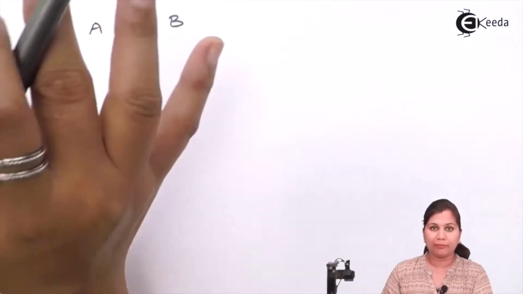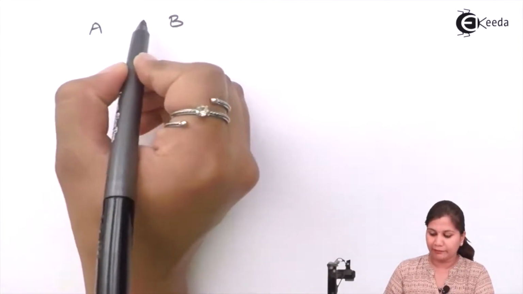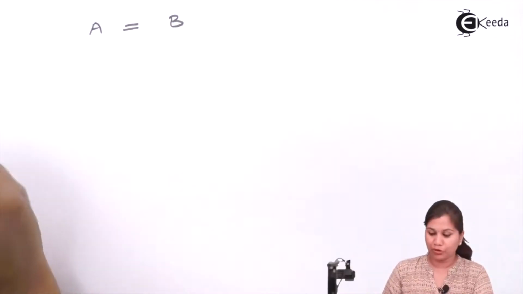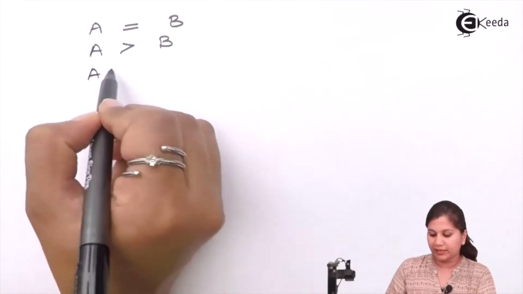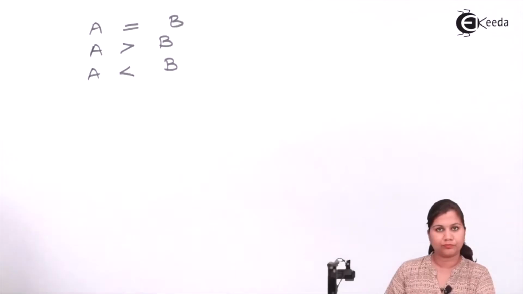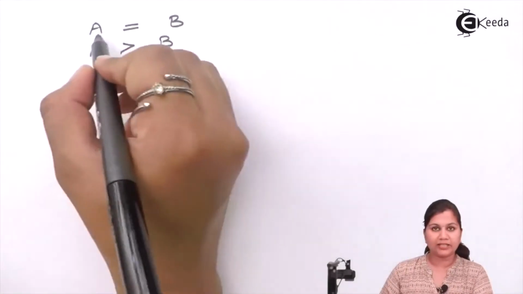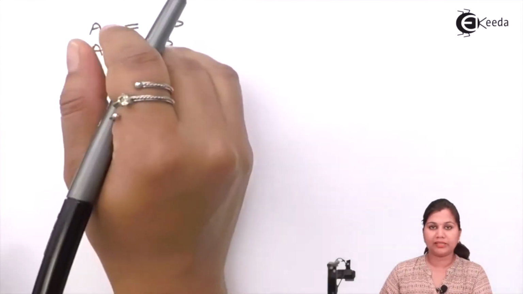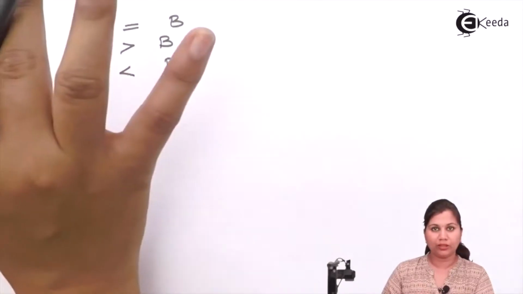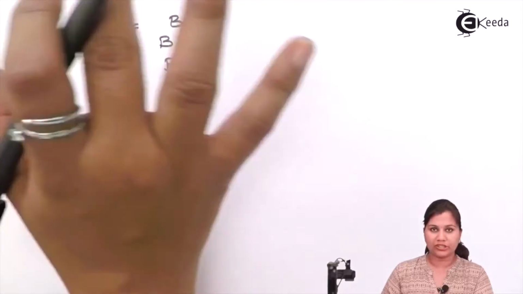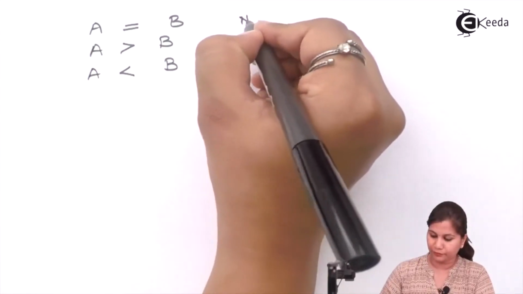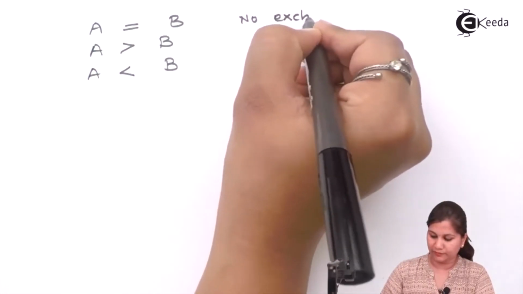There are three possibilities: either A and B are equal to each other, or A is greater than B, or A is less than B. When A and B are equal, it means both numbers are equal and there is no maximum number. So we will not exchange the contents. No exchange.